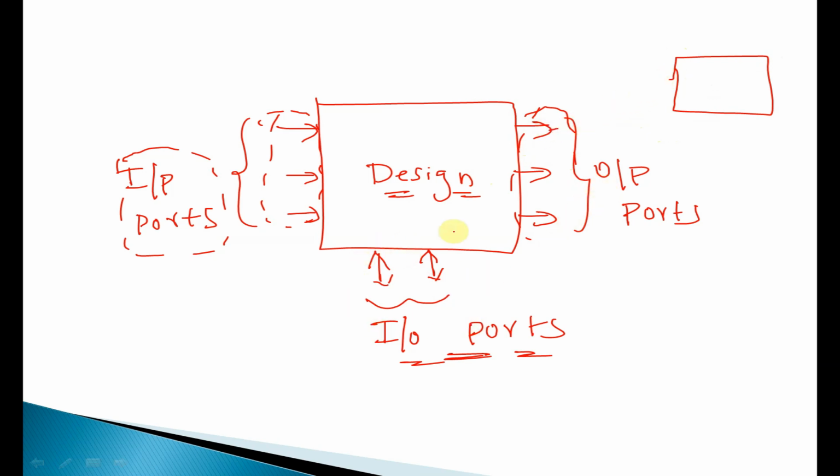And using the in-out ports, or in-out interface, the design is communicating with the outside environment. So using these interfaces, which are input ports, output ports, and in-out ports, you are going to communicate with the outside environment or with other design blocks.